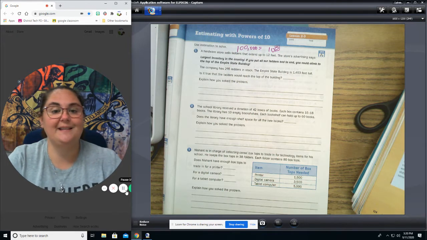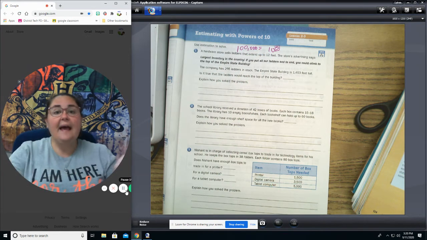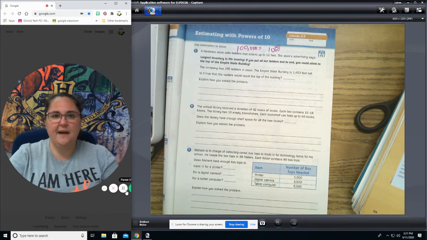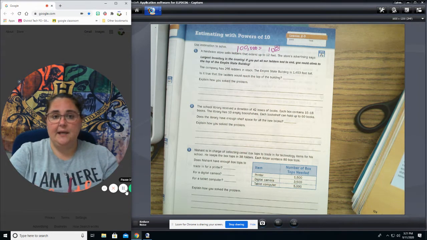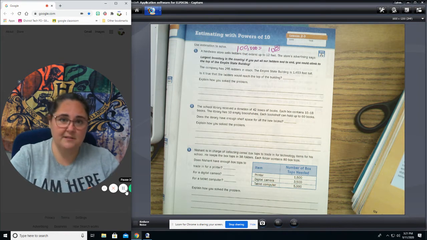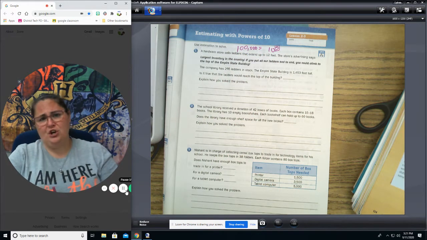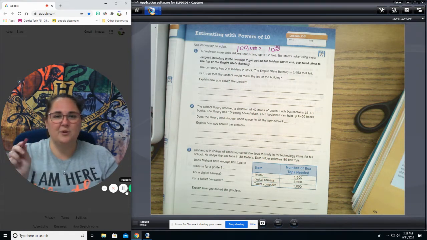Now we're going to use some estimation. So estimating means making a guess. If I estimate something, it doesn't have to be perfect. A lot of times you think of estimating when you think about a sports game. If I go to the Indianapolis Indians game or the Colts game or the Pacers or Fever, a lot of times at the very end, they say, in attendance today, there are 13,000 people. Do you think they really counted every single person as they walked in?